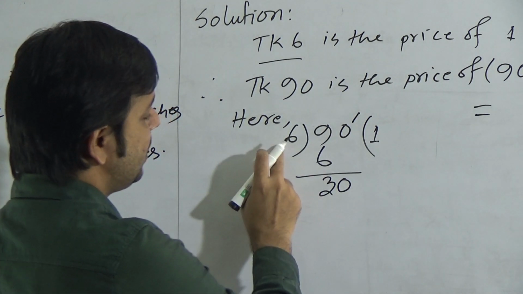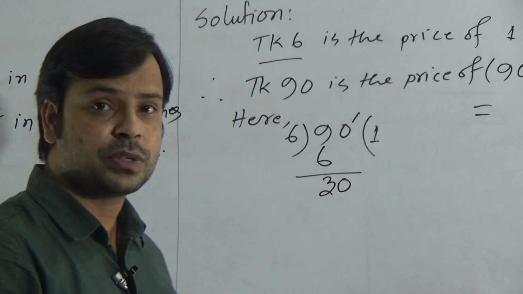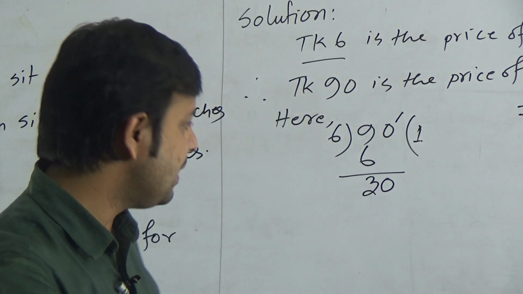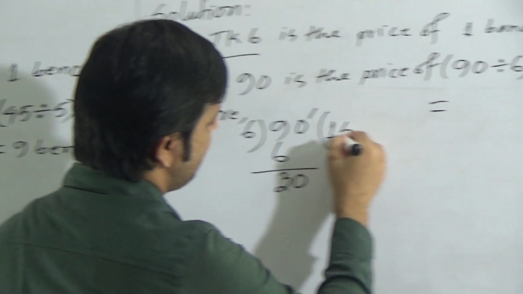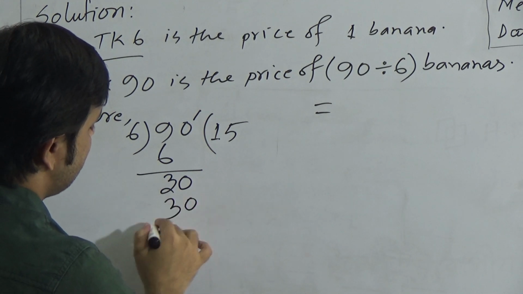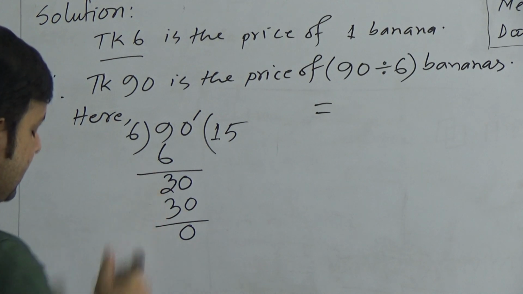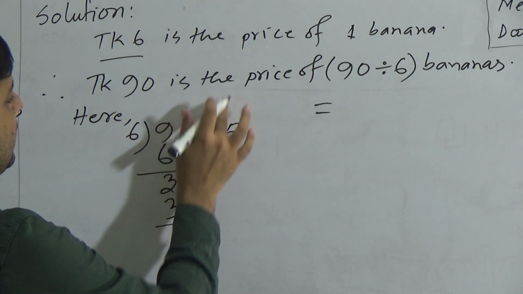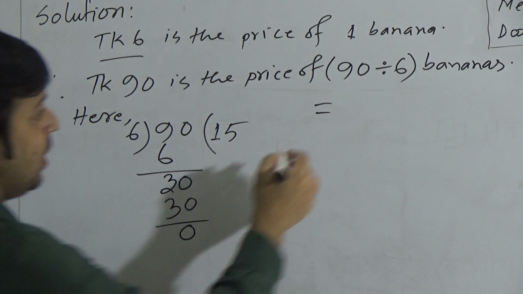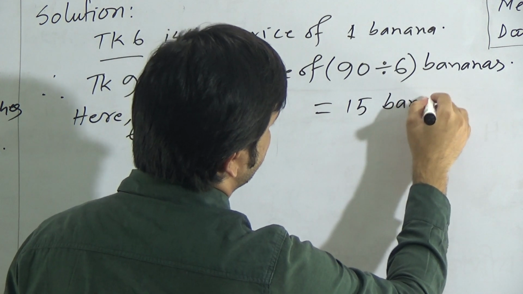We have to say the times table of 6 again. 6 ones are 6, 6 twos are 12, 6 threes are 18, 6 fours are 24, and 6 fives are 30. So we can say up to 5 times, that is 6 fives are 30. So if we write 30 and subtract, we will get 0 here. It means that 90 is divisible by 6, and we will get 15 times. It means that our required number of bananas is 15. So we can write 15 bananas.